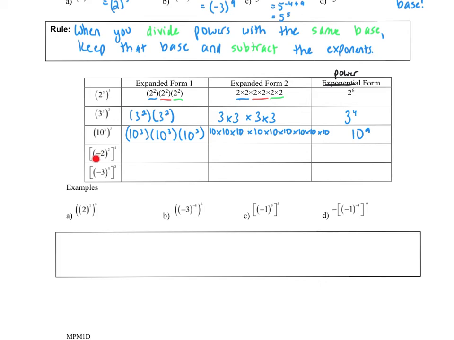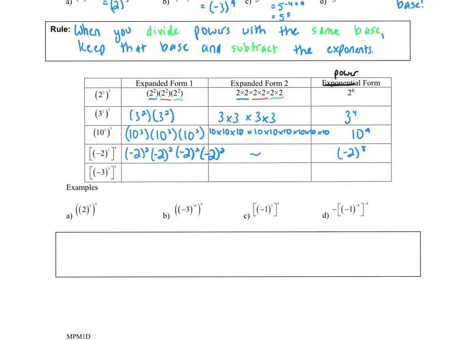In the next example, I have base -2. It's being squared, and I'm multiplying that 4 times because the outside exponent is 4. So I have this 4 different times, and each one means -2 times -2. This is really large, and I'm not going to be able to fit it into this box, but basically I would have -2 times -2 4 different times. So that would be base -2 to the exponent 8.